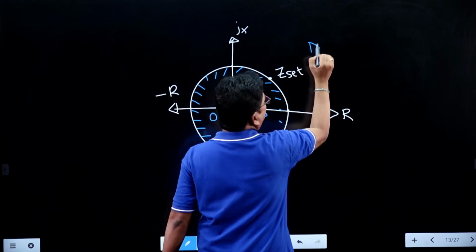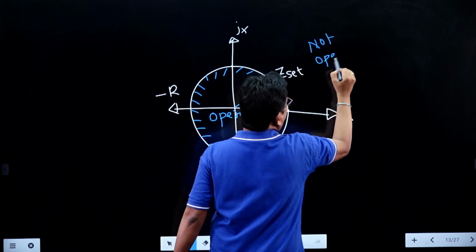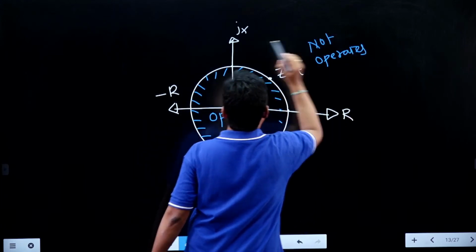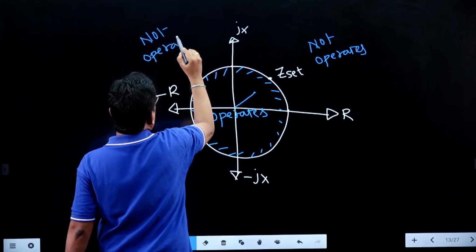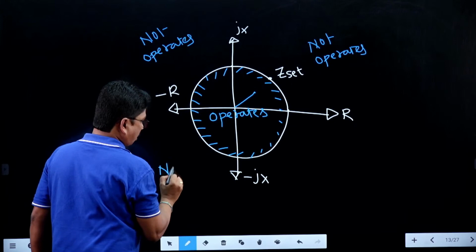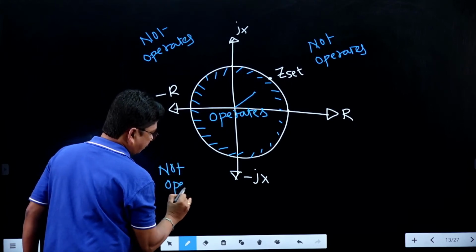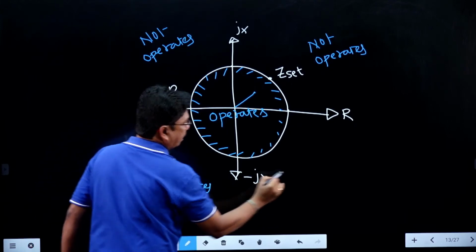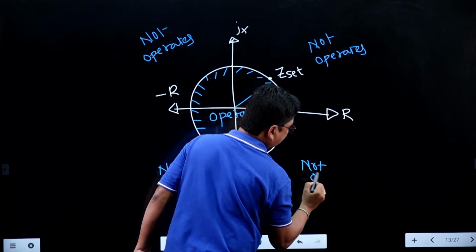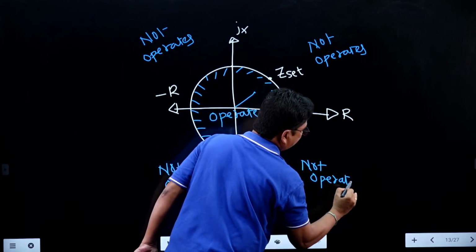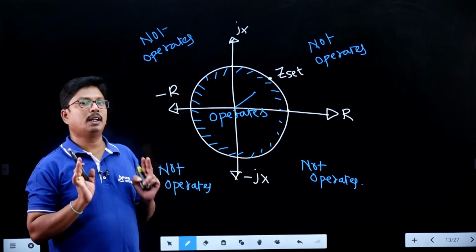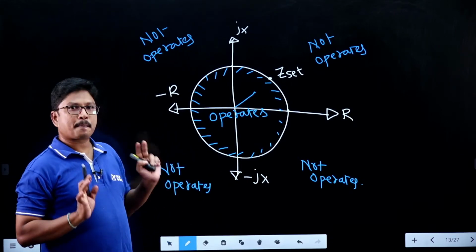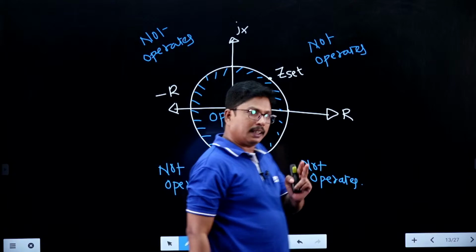Here the relay does not operate. Here also it does not operate. Everybody knows where the relay is going to operate and where it is not. Clear everybody?